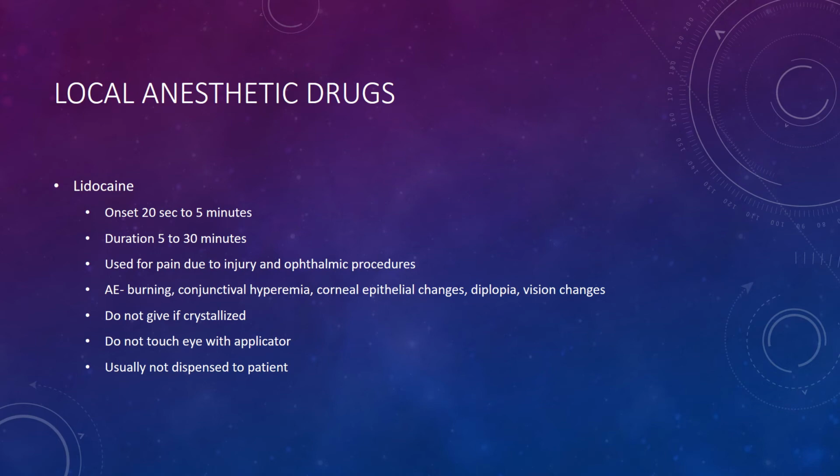The adverse effects are conjunctival hyperemia, which is an increase in the blood supply to an area, so you might see really bloodshot eyes. It can also cause diplopia, which is double vision. Don't give it if it's crystallized, and we do not need to touch the eye with the applicator, and it's usually not dispensed to patients.